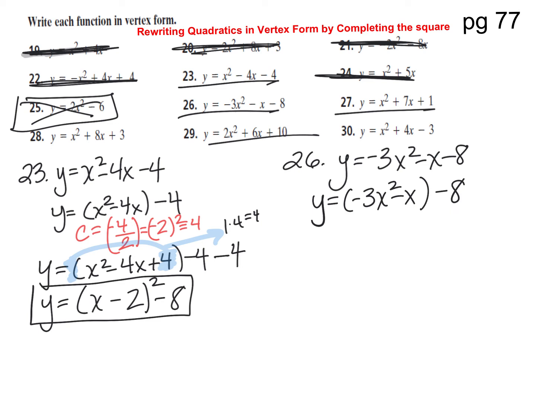My a value, or my quadratic coefficient, is not 1, so I'm going to divide both of these terms by -3 to make it 1. So y will equal -3 times the quantity x squared plus -1x divided by -3 is positive 1/3 x.